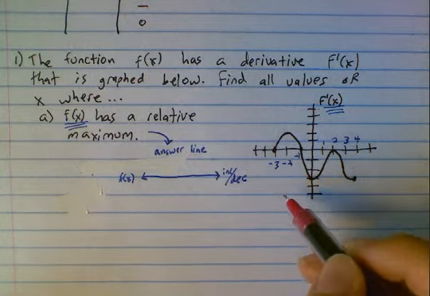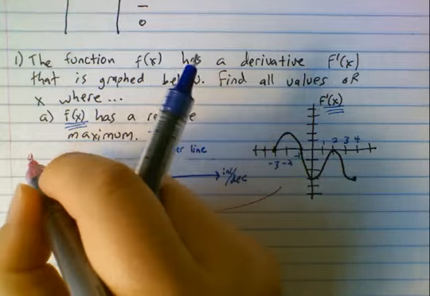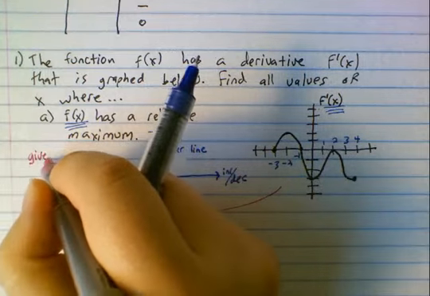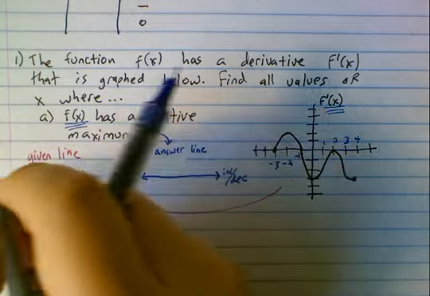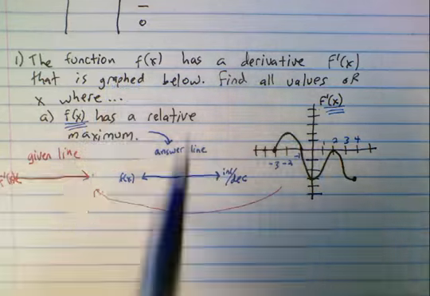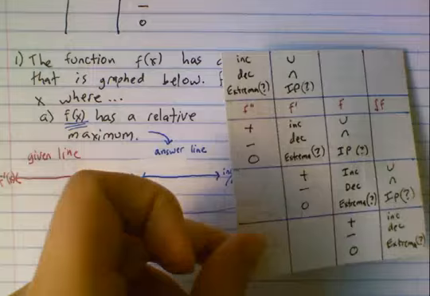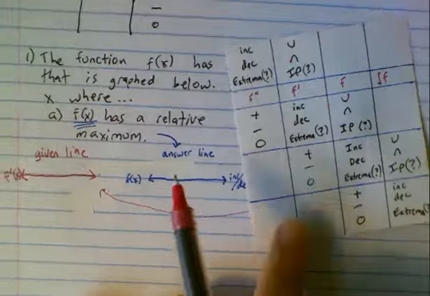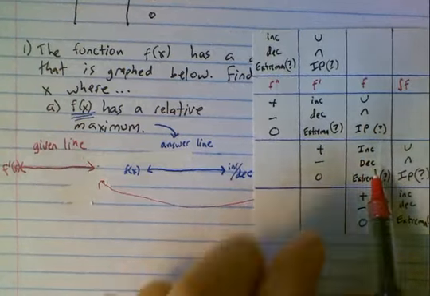So my second line is going to be based on what I'm given. This is the given line. And in this case, we're given f prime of x. And so now the key part here is to translate this. I know that for my answer line, I want f to be increasing, decreasing.